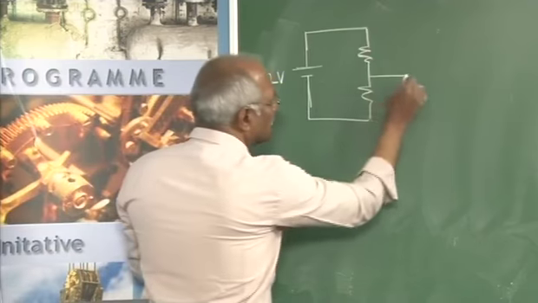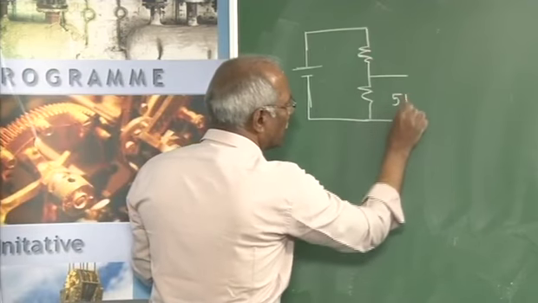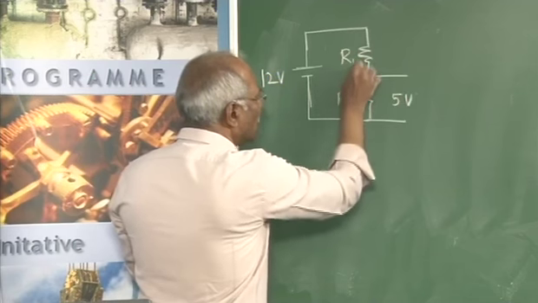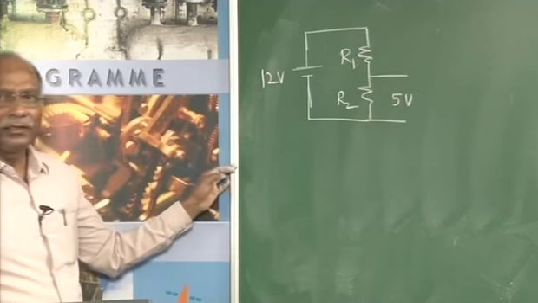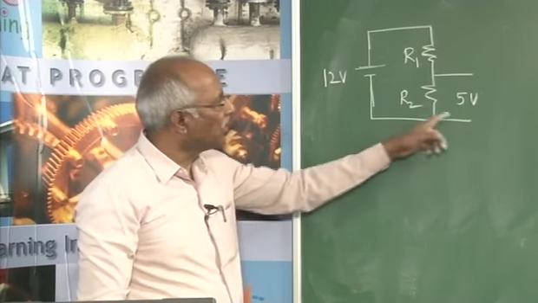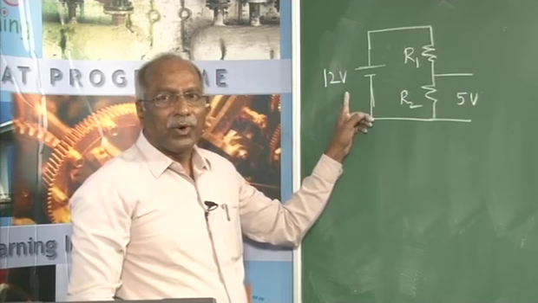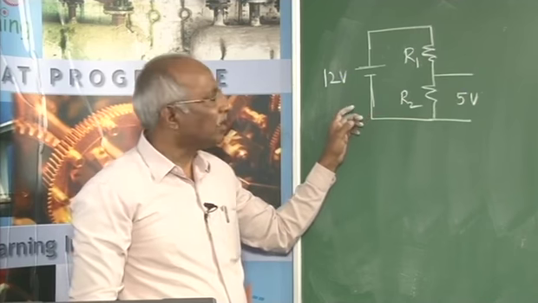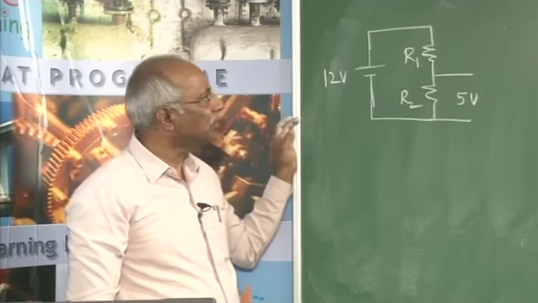The voltage across this, obviously this is 5 volts. This being, call it as R2 and this one as R1. 5 volts output and 5 volt here and this is 12 volt. The power consumed by the circuit should not be more than 240 milliwatt. What is that power consumed by the circuit?